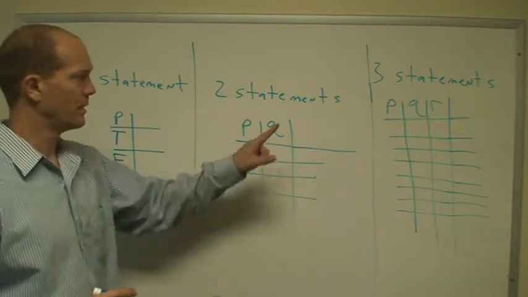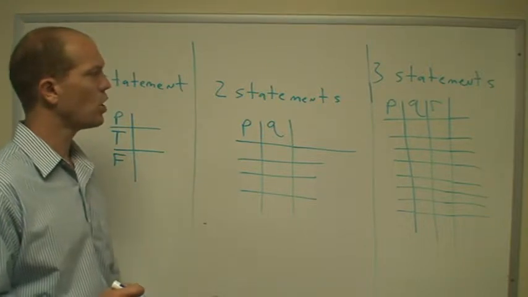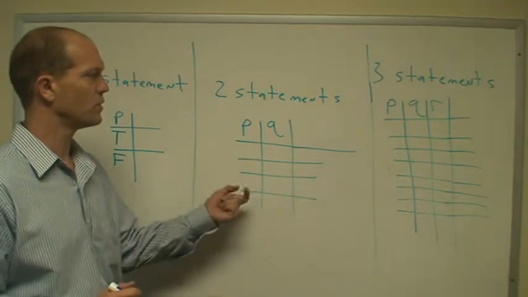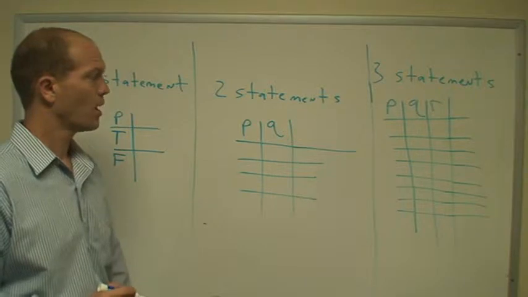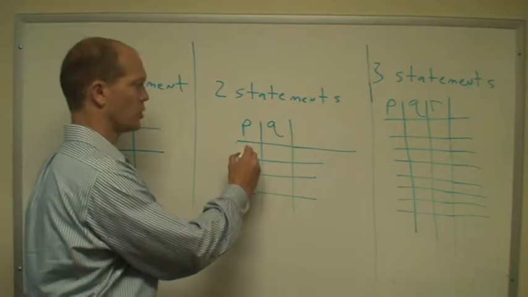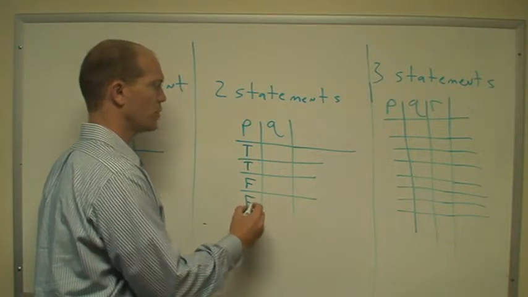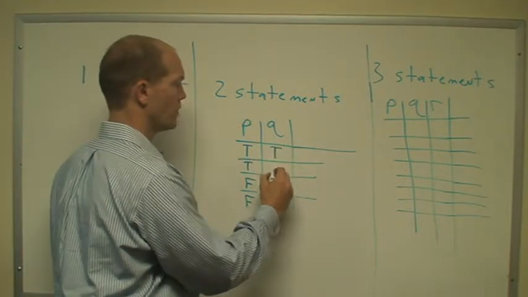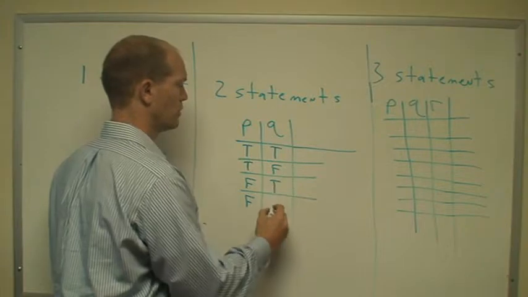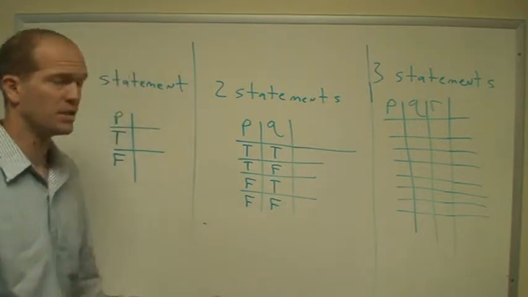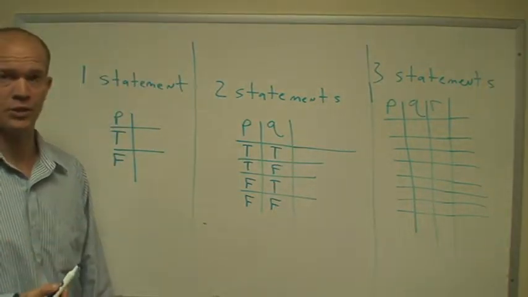If we have two statements, we want to be careful to list all of the possible interplays of true and false between both P and Q. The way that we'll do this is we're going to write out true, true, false, false for P, true, false, true, false for Q. This is the standard way we'll do this, and this is what I'll expect you to do.